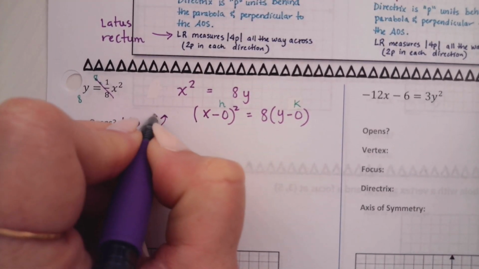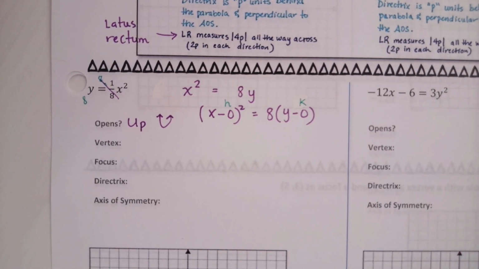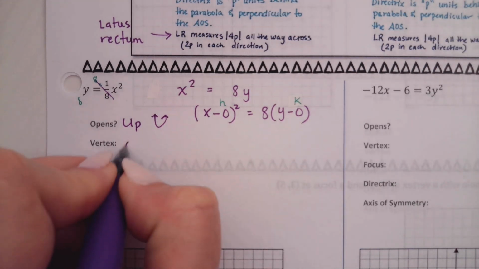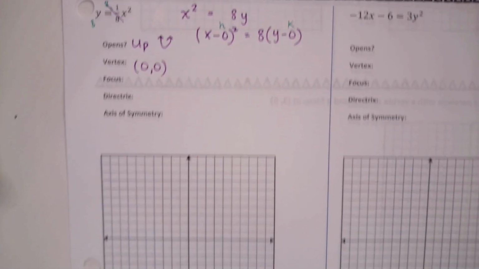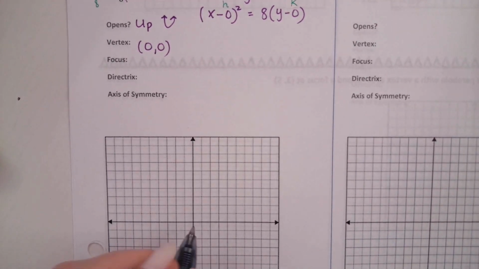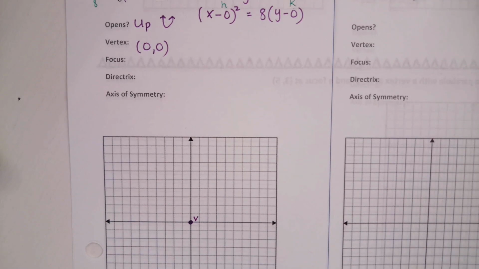So basically this one's going to look pretty normal. Our vertex is going to be at (h, k), which is pretty easy on this one: (0, 0). I'm going to go ahead and graph that vertex at (0, 0), just like normal.